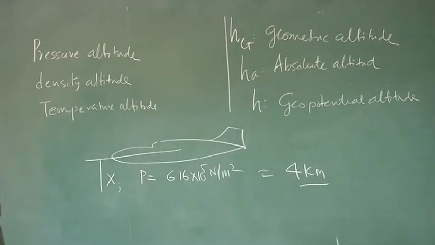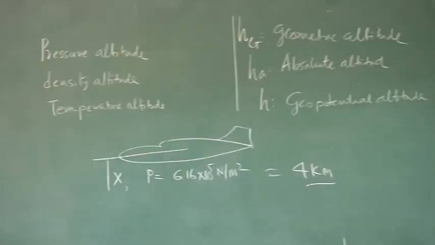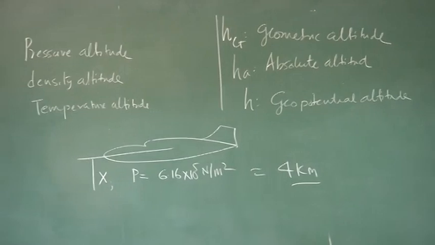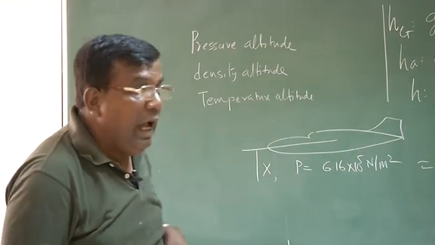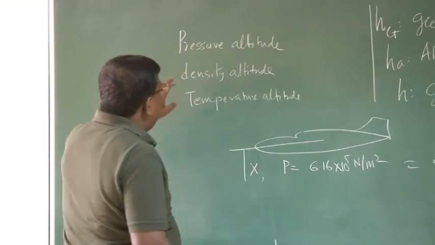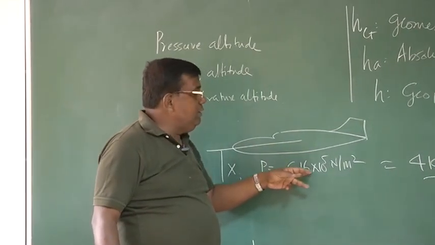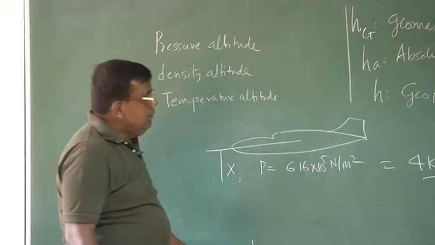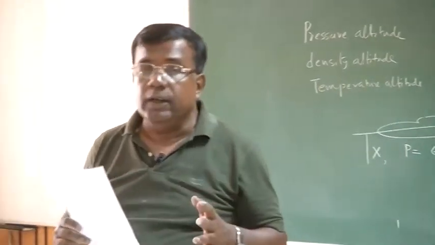Are you clear about pressure altitude? Let me repeat. Now we are discussing pressure altitude. Suppose I am flying at a geometric height Hg and my instrument is sensing pressure equal to 6.16 x 10^5 Newton per meter square. The pressure altitude is defined in this way.